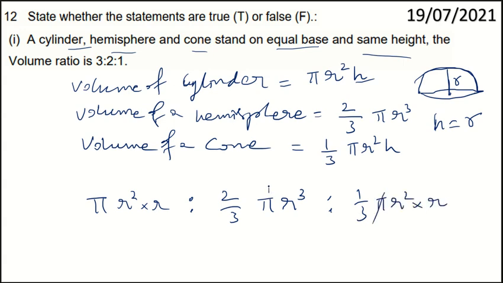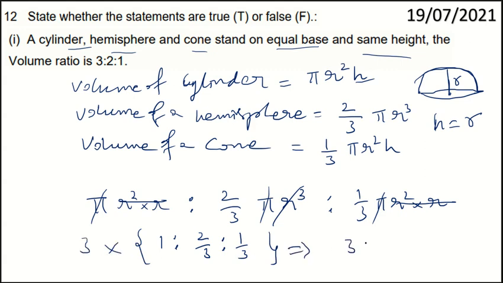Now, pi in all three terms cancels and r cube cancels in all three terms. Now, it becomes 1 : 2/3 : 1/3, where each term when multiplied by 3 gives 3 into 1 is 3, is to 3 into 2/3 is 2, is to 3 into 1/3 is 1. So, this is a truthful statement. Okay. So, the statement is true.